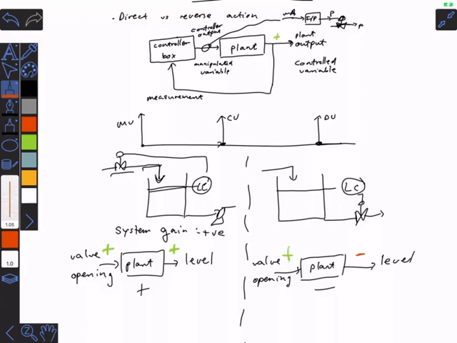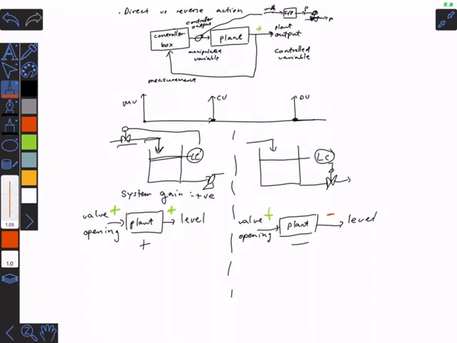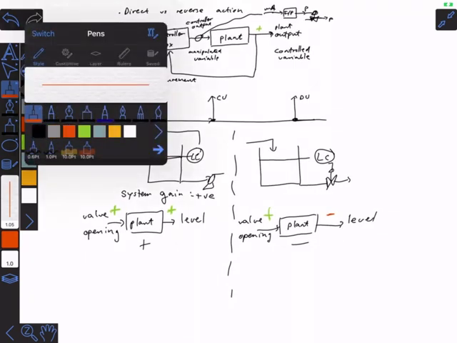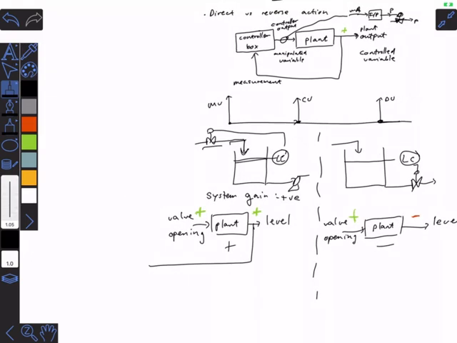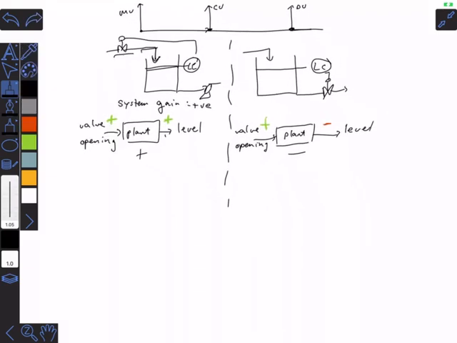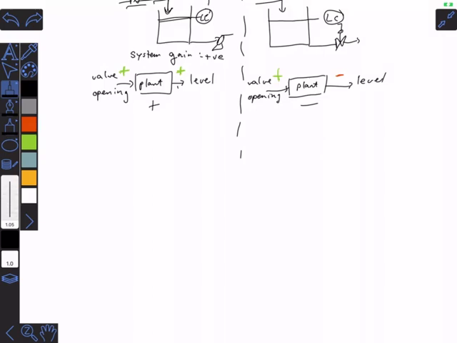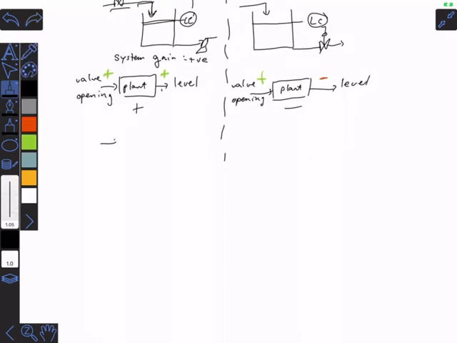And so let's analyze in detail now from this point of view what the controller action will be here, because in the left-hand case, remember I'm now measuring that level. Maybe I'm going to redraw this. So that's the diagram for the plant itself. I'm going to redraw this so that we can put in different signs. I like doing these signs. They help to clarify the controller action.